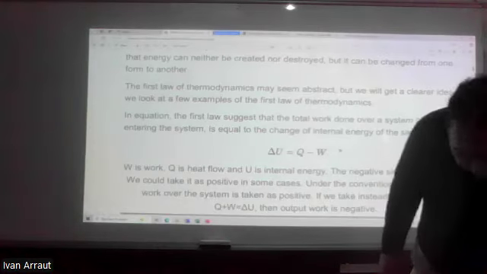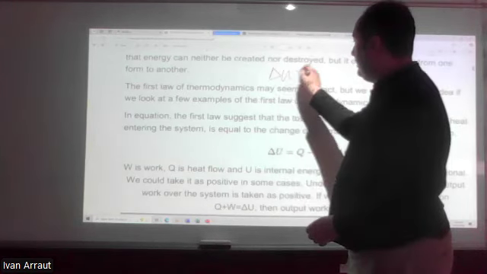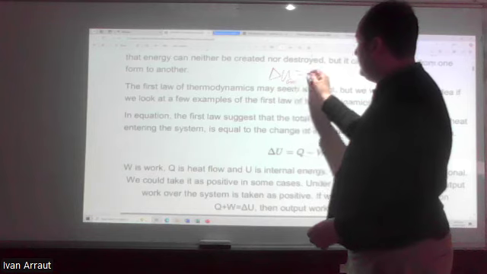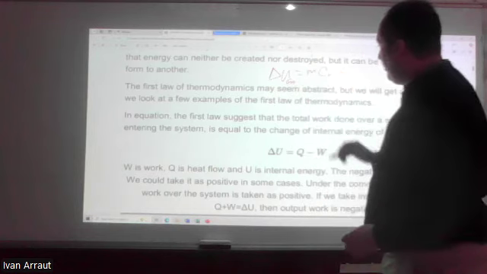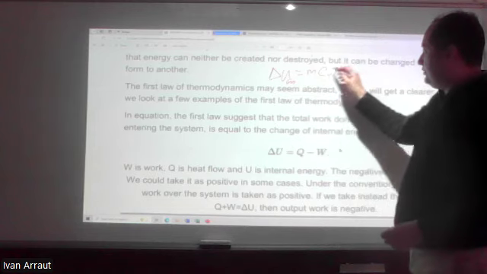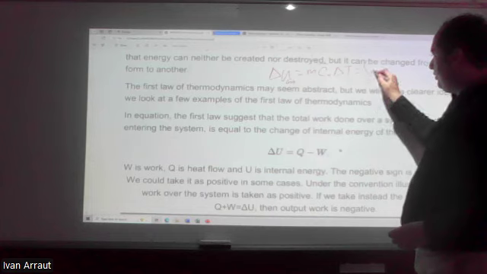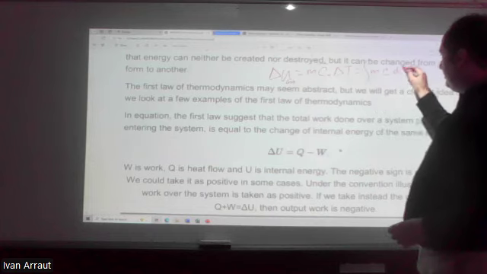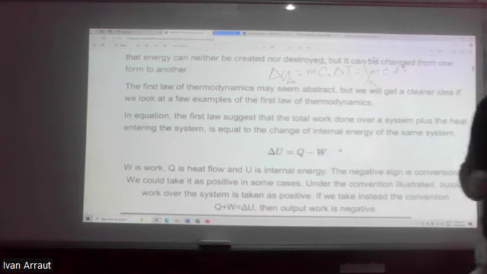The change of internal energy in a gas is the mass of the gas, times the heat capacity at constant volume, times the change of temperature. This is an average, but more precisely it is the integral from initial temperature to final temperature at constant volume.